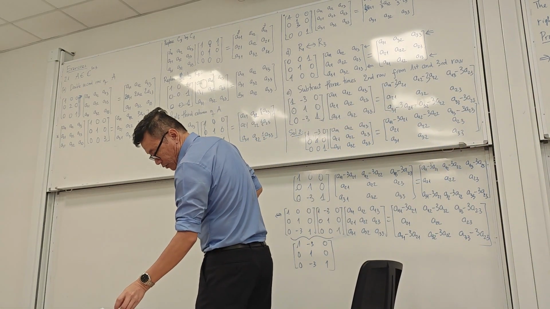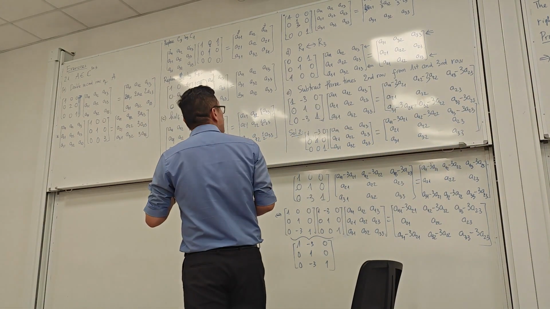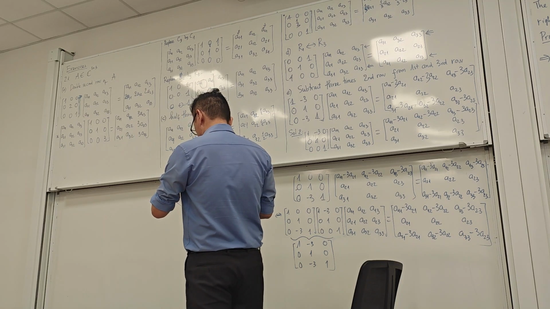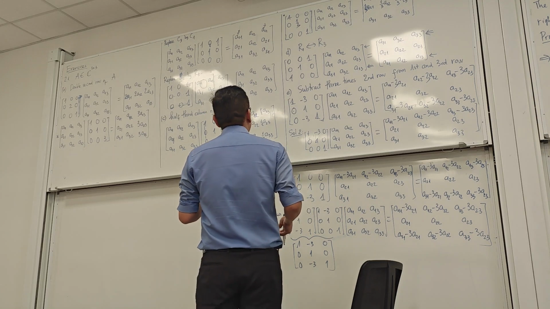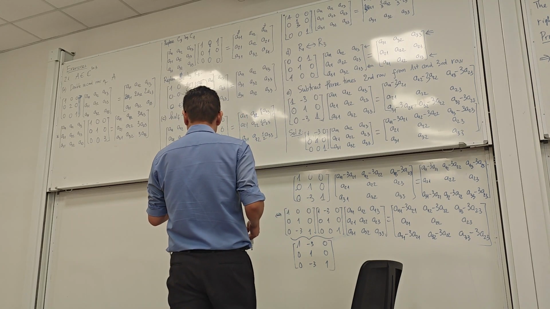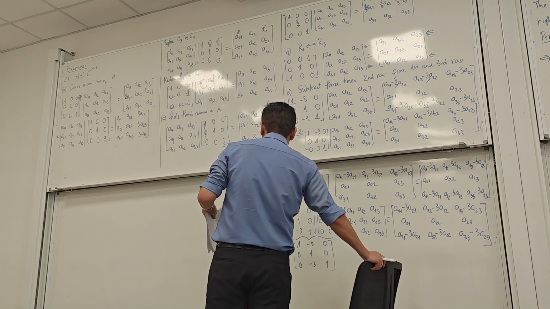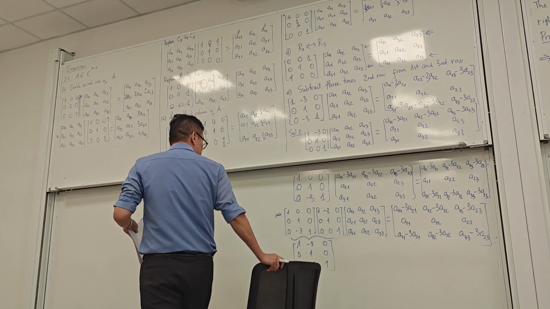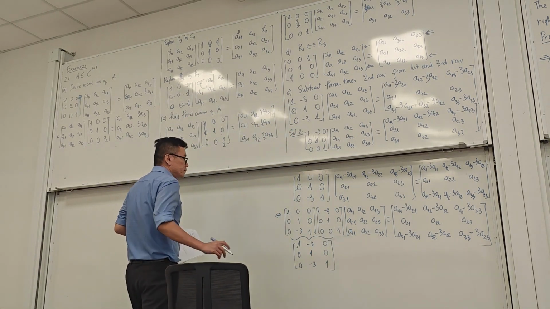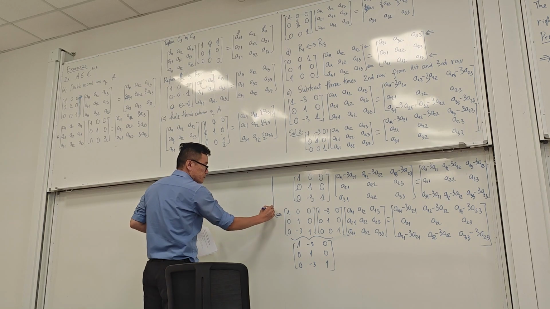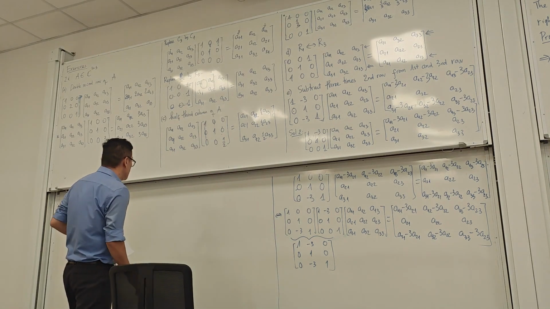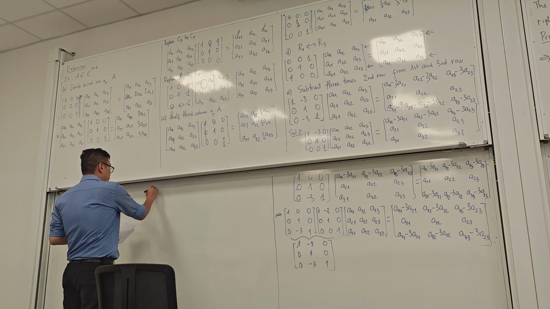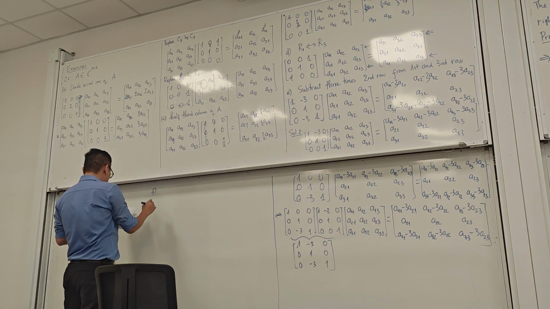Now let's go to that's A, right? Yeah, F. Now let's go to F. Now, delete second column.